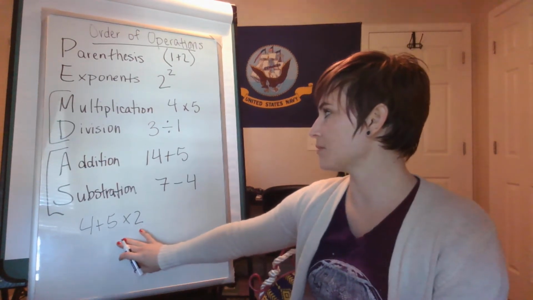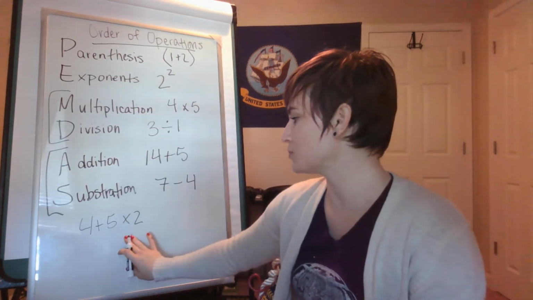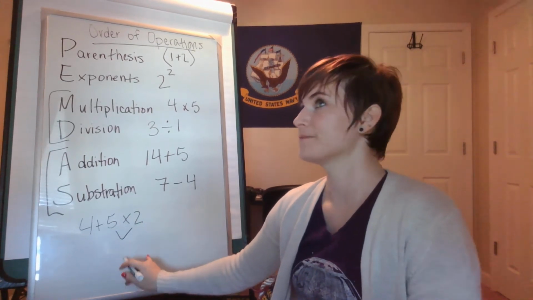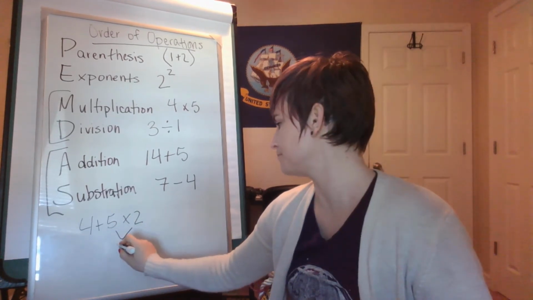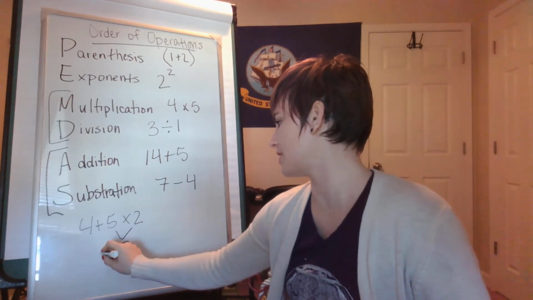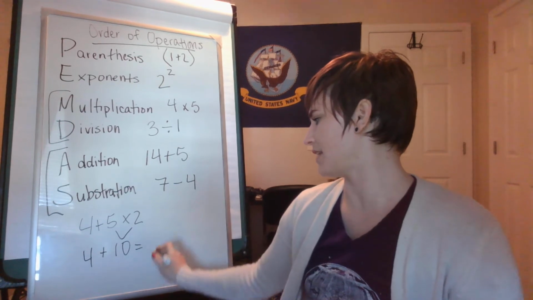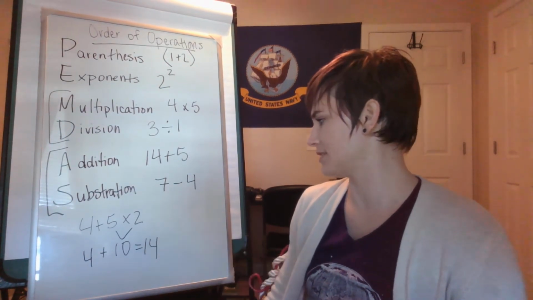So that means I'm going to do my multiplication first. So 5 times 2, 5, 10, 10. I'm going to carry down my 4 over here. And I'm going to add 4 plus 10. That's going to be 14.